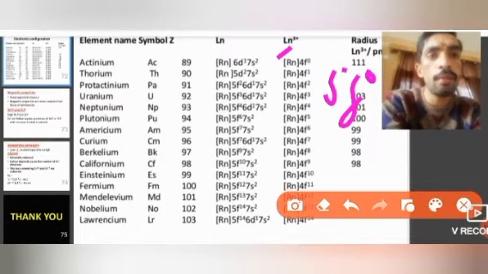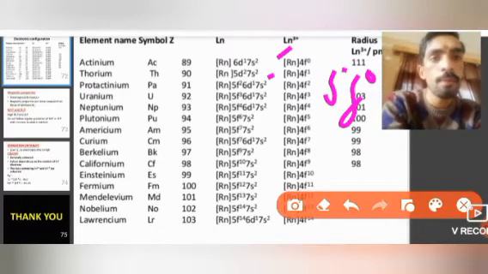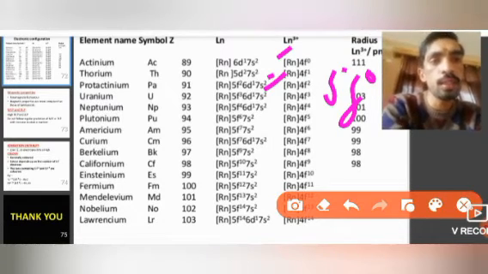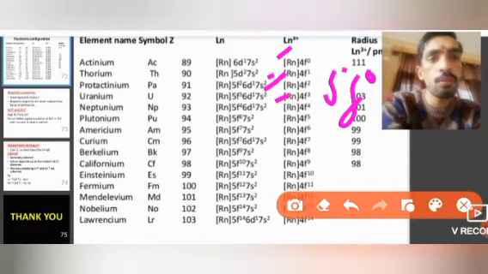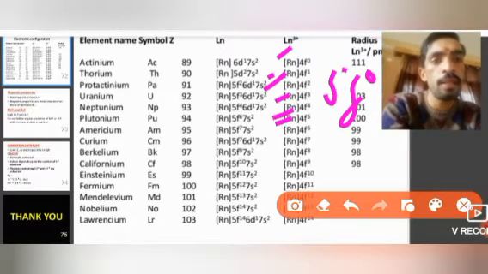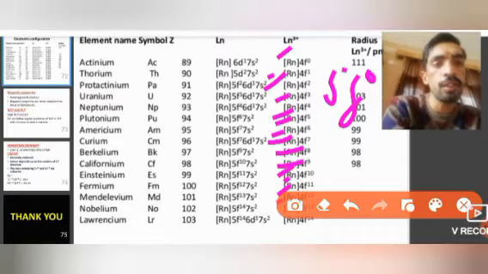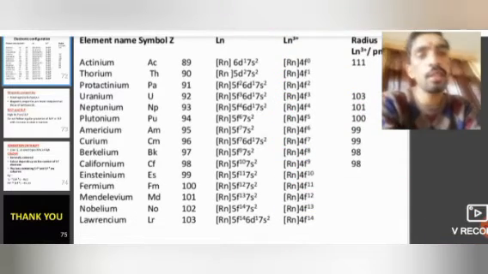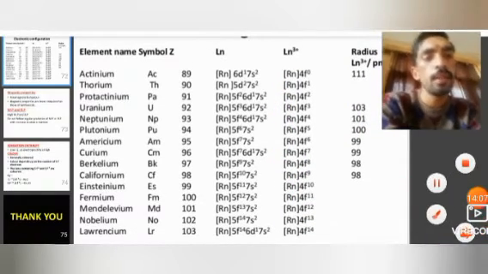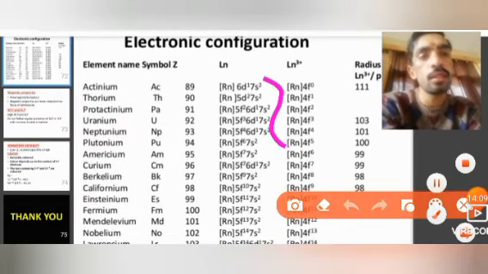Second, thorium is 6d2 7s2, then protactinium is 5f2 6d1 7s2, uranium is 5f3, neptunium is 5f4, plutonium is 5f6, there is no 5f5, 5f7, then again 5f7, 5f8 is not there like in lanthanide, 5f10 is there, 11 is there, 12 is there, 13 is there, 14 two times. So you need to see this very carefully and note down all these configurations.